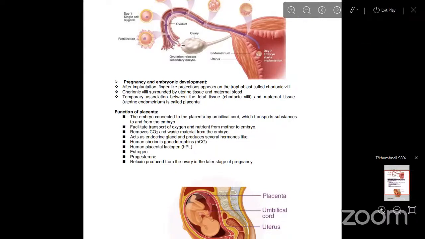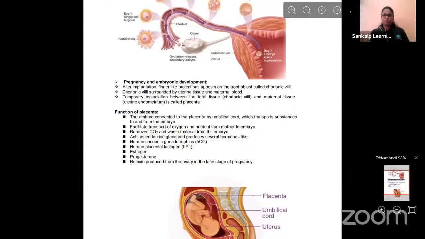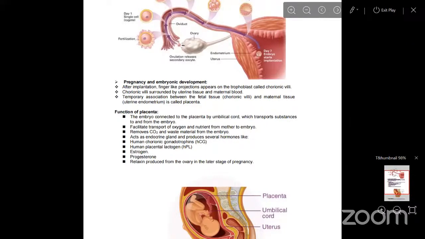The embryo is connected to the placenta by the umbilical cord, which transports substances to and from the embryo, facilitates transport of oxygen and nutrients from mother to embryo, removes carbon dioxide and waste material from the embryo, and acts as an endocrine gland and produces several hormones like human chorionic gonadotropin, human placental lactogen, estrogen, progesterone, and relaxin produced from the ovary in the later stage of pregnancy.